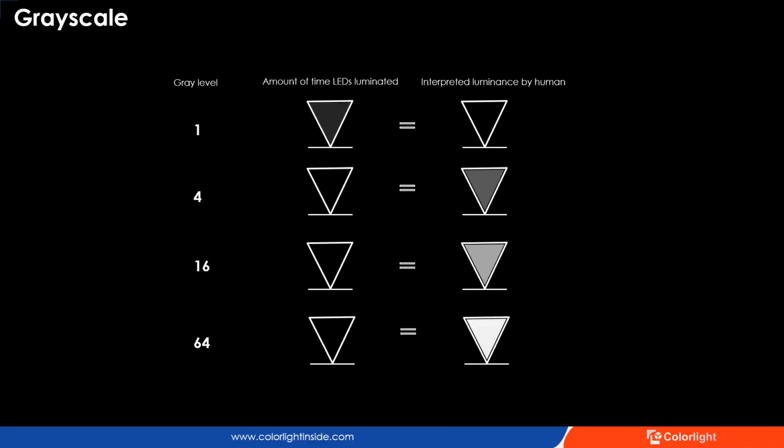If it displays gray level 4, a human eye would perceive it as a little bit brighter than gray level 1. The same principle applies for gray level 16 and gray level 64, and other gray levels. The amount of time an LED needs for representing gray level 1 is also called minimum OE.